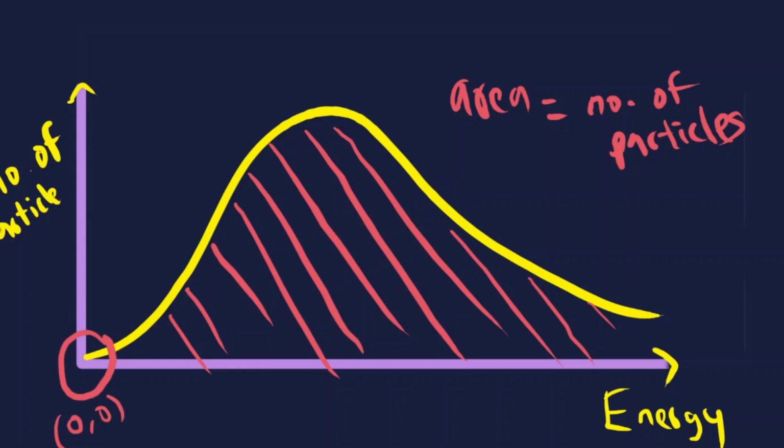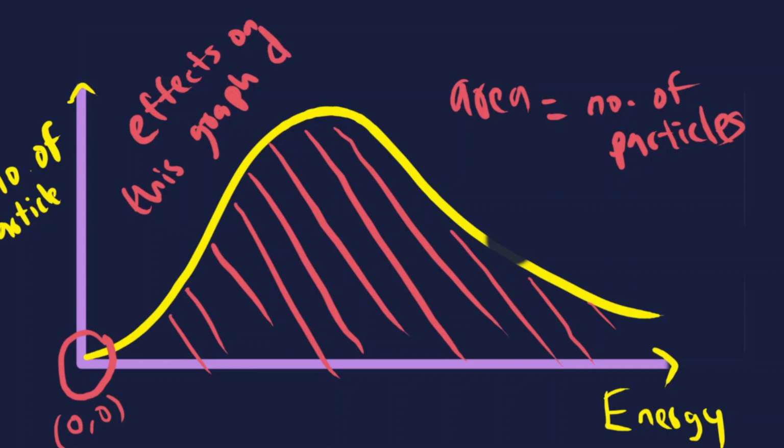That is what the exam board expects us to know about the Maxwell-Boltzmann distribution. And another thing is that you may be expected to know the variations or the effects on this graph due to various reasons, and that is temperature and catalyst.